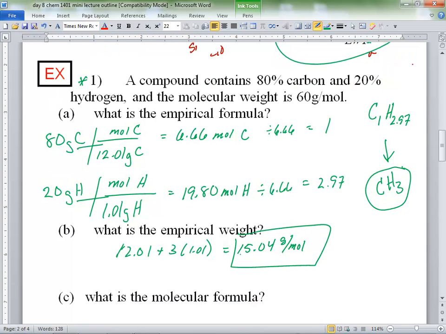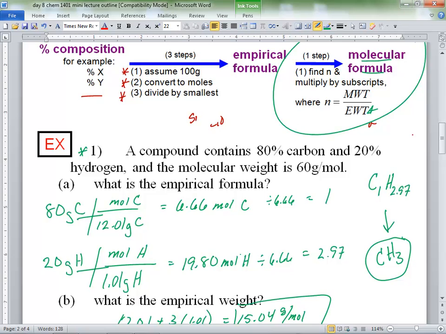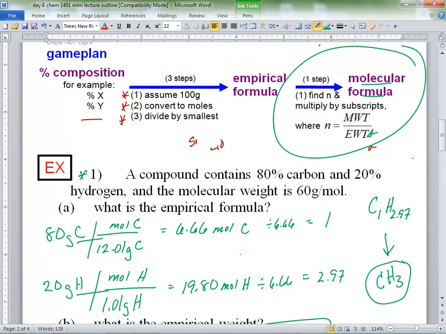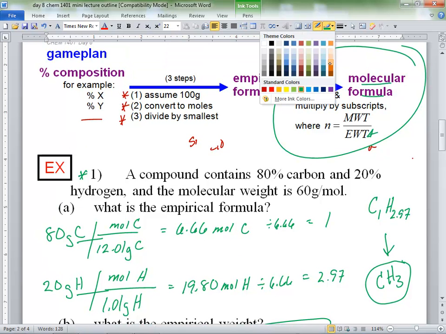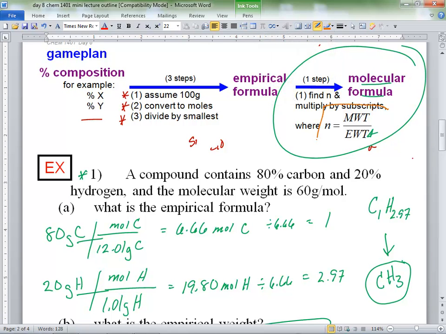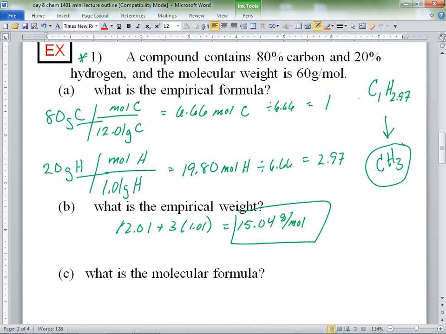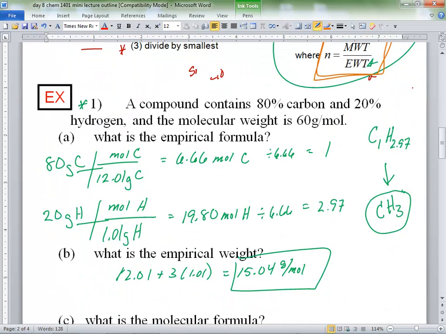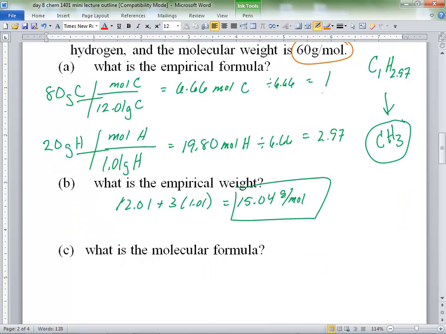Okay, what is the molecular formula? We have to figure out what factor we're off by. So we're going to divide the molecular weight by the empirical weight. They have to give you the molecular weight. Where did they give it? Here it is. It's 60. So my little n, the factor I'm off by, is going to be 60 grams per mole divided by 15.04 grams per mole.